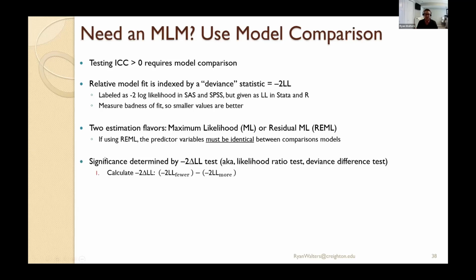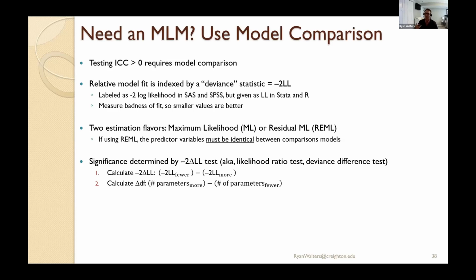Okay. So the way we calculate our likelihood ratio test is we actually calculate the difference in -2 log likelihoods from the first model and the second. We calculate the difference in the number of parameters. So we saw earlier from our empty model, we had a fixed intercept and a residual variance from our single level model. And then once we added a random intercept variance, now we had a fixed intercept, random intercept variance, and residual variance.